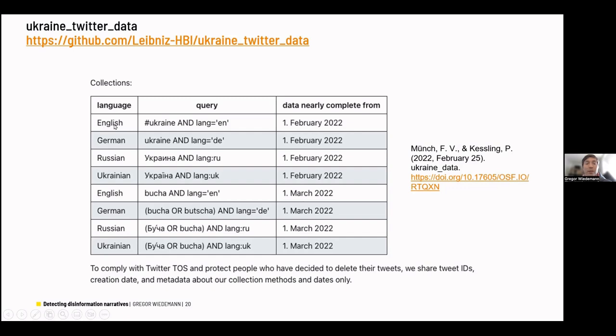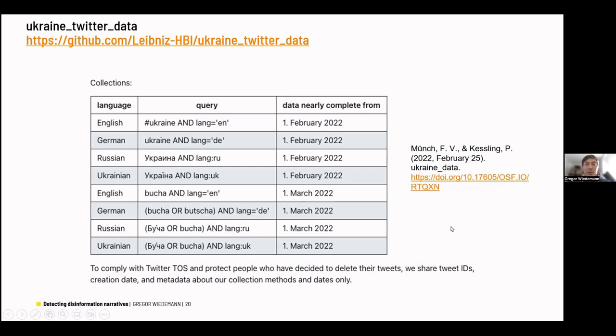The reason why we do it for English only for the hashtag is just size. If we would not do it with a hashtag, then we would increase the amount of data 10 times as much or so, and that would actually be beyond our capacities of storing and computing. And then we also had a separate collection started for the term butcher to investigate more the communication about these war crimes happening there in the beginning of March.